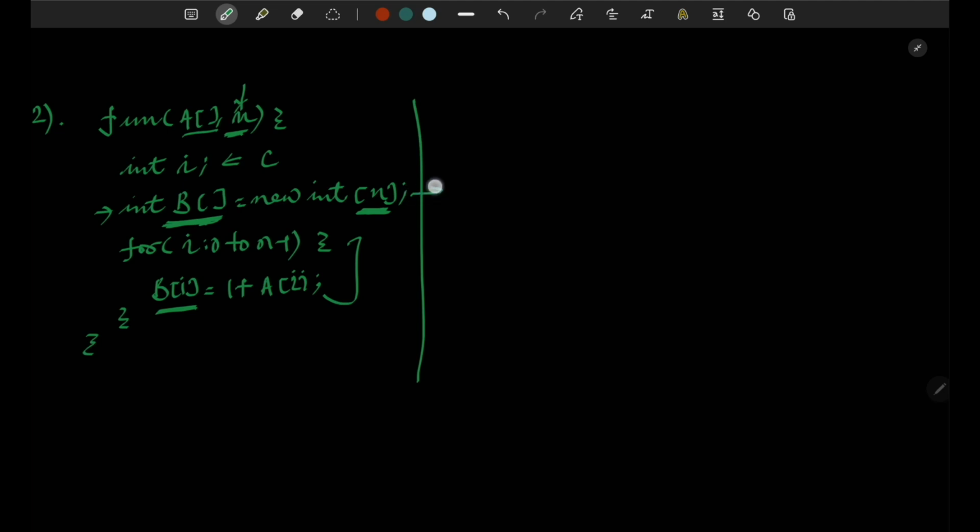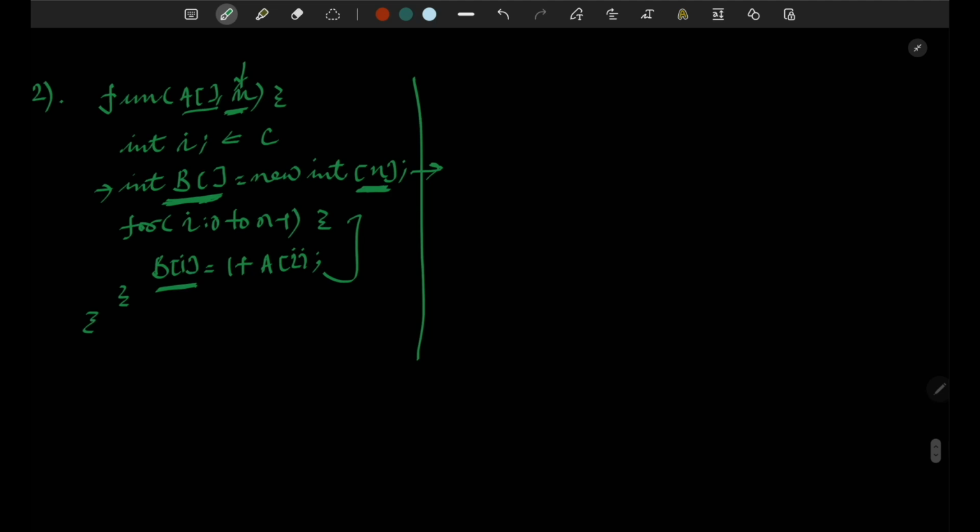So in such cases we represent the space it's going to be taking as big O of n. Basically n is the input size, and we are creating a new array of the same size, so its space complexity is big O of n.